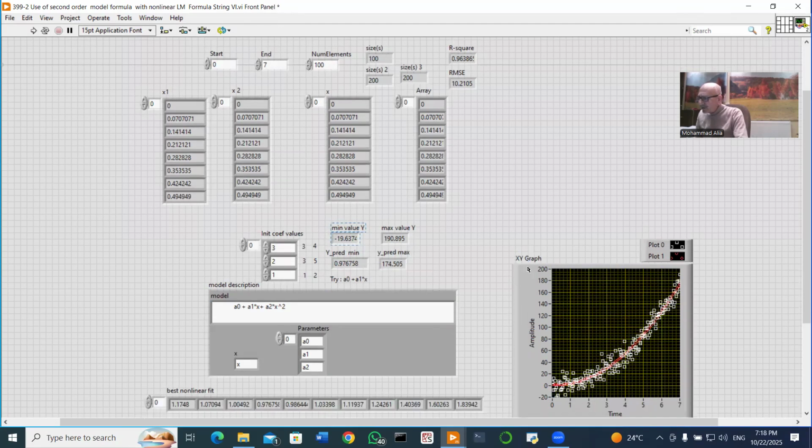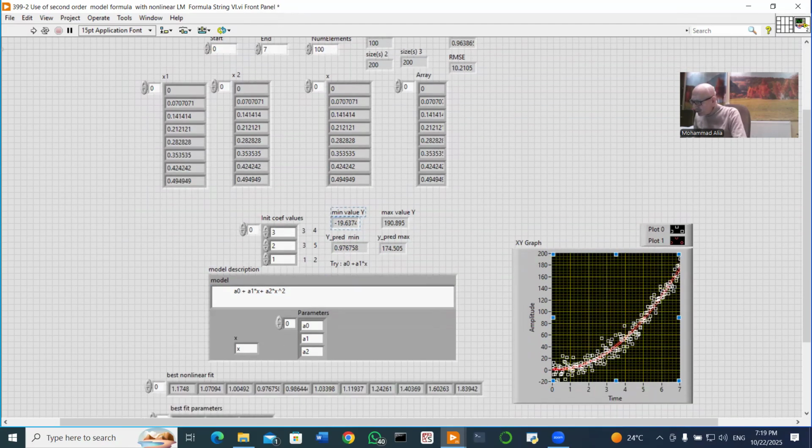Really, if you look at these points here, they are coming down to about minus 19. And the maximum value is about 190. If you go up here, 180, 190, this is the maximum and minimum values.